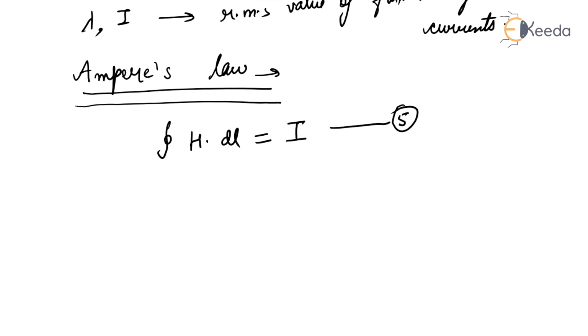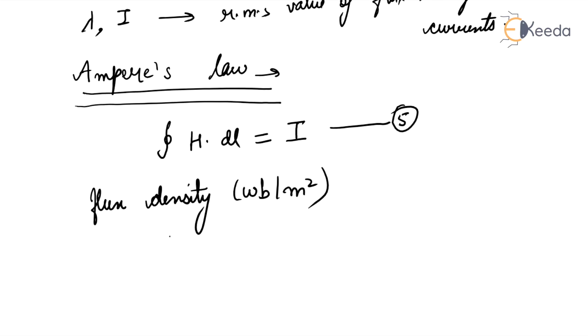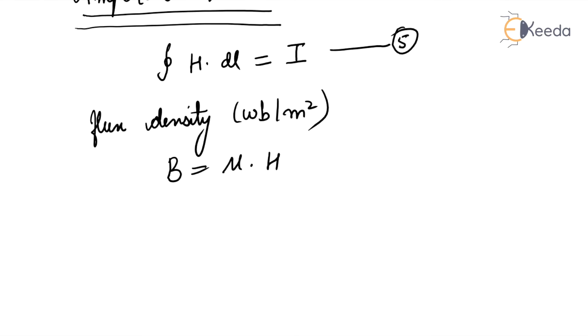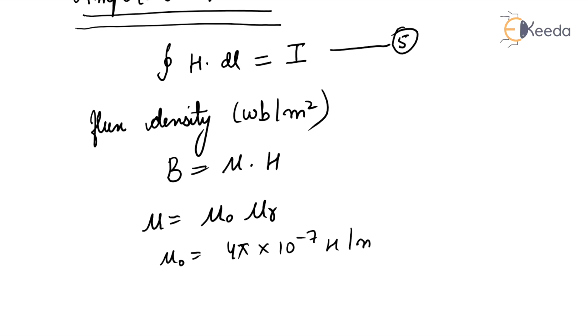And we know flux density, in Weber per meter square, is given by B is equal to mu into H, where mu is equal to mu naught into mu r, where mu naught is the permeability of free space and mu r is relative permeability, and we know mu naught is equal to 4 pi into 10 to the power minus 7 Henry per meter.